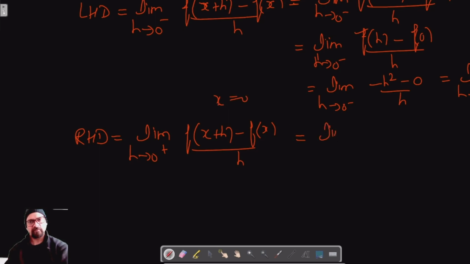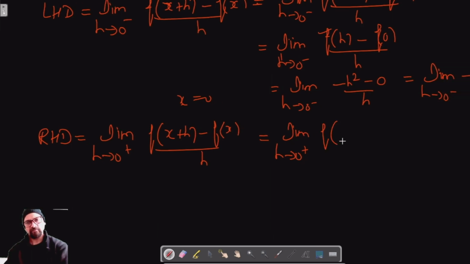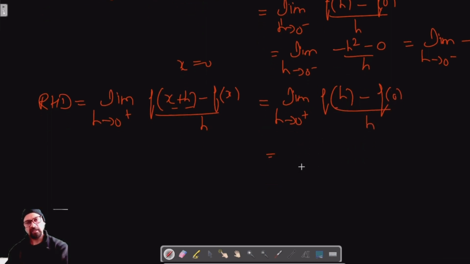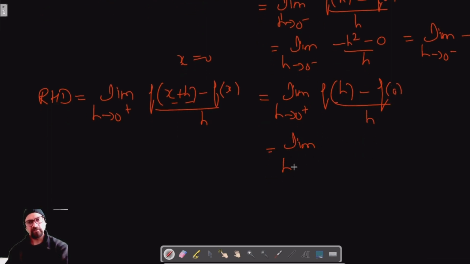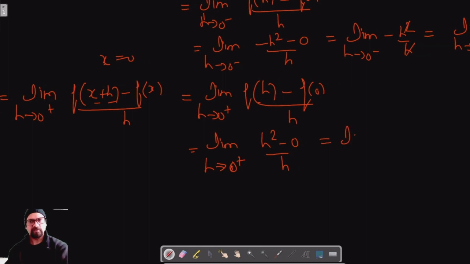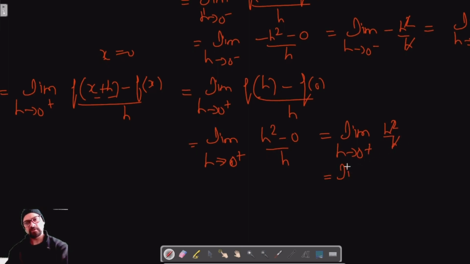So f of 0 plus h is f of h, minus f of 0, upon h. For the right hand derivative f of h is h squared, minus 0 upon h, which gives us limit h tends to 0 positive h squared by h, which is limit h tends to 0 positive of h, which is equal to 0.